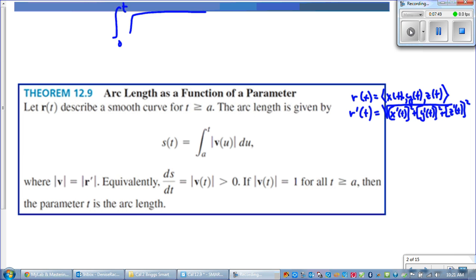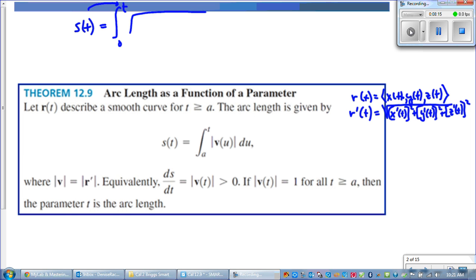Now, if I'm going to find a formula for the arc length in terms of the parameter s of t, that means that I'm going to have this upper limit variable. So what I need to do when I'm writing my integrand is I can't use that same variable. I need a dummy variable, just something different than the variable that's up in the limit.